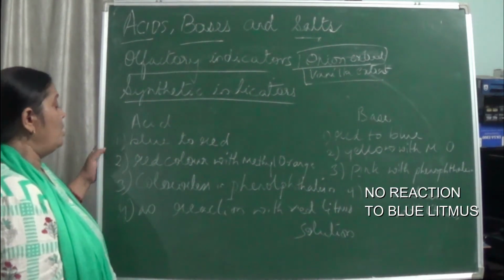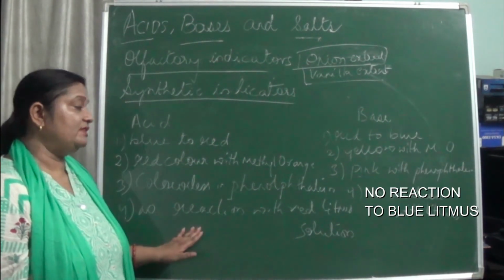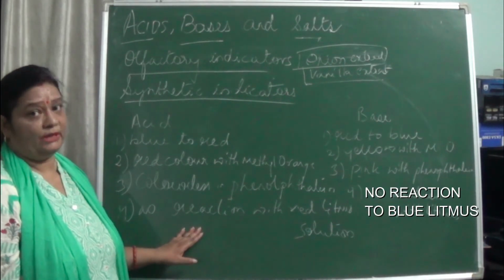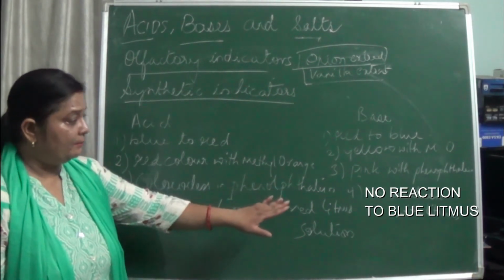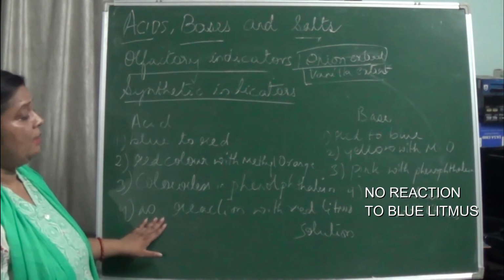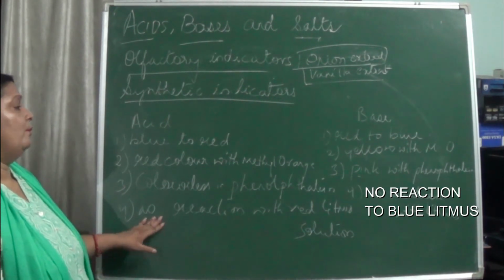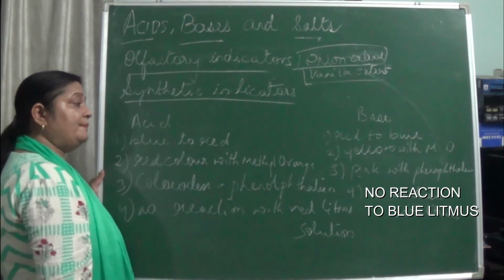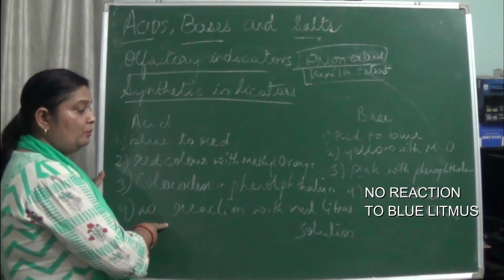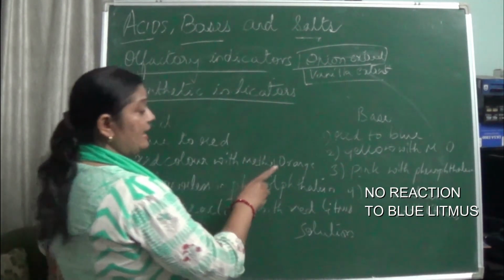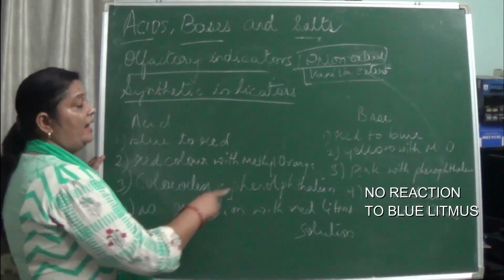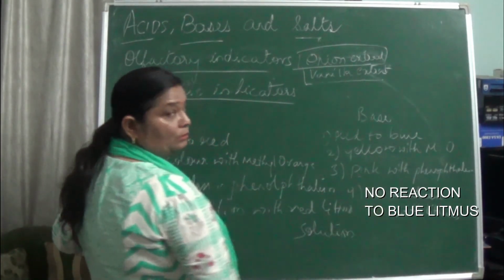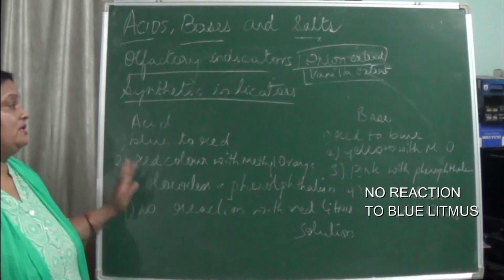Acid has no reaction with the red litmus solution, and base has no reaction with the blue litmus solution, because acid changes blue to red, and base changes red to blue. So this is all for today.